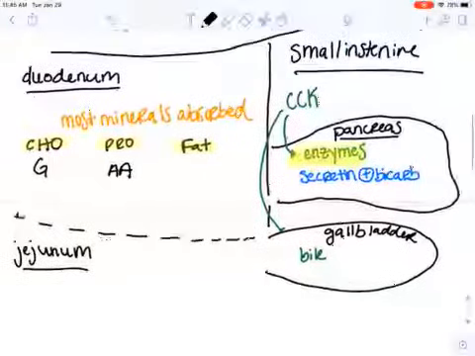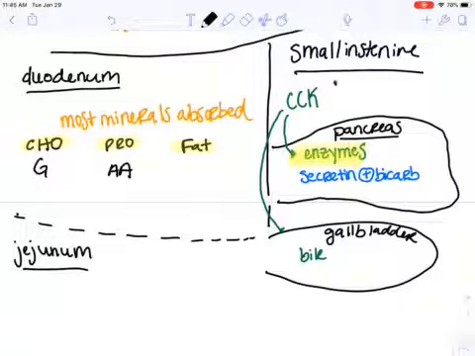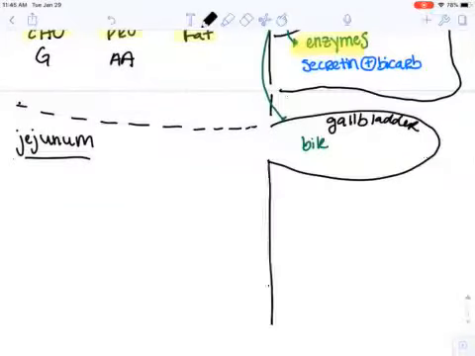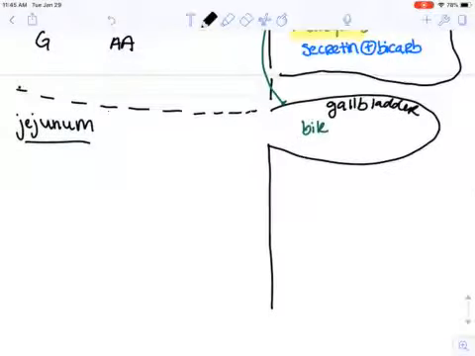I also want to mention, which I didn't, the mechanical digestion that's occurring is peristalsis. So this is going to be continuing to occur throughout both the small intestine and the large intestine. So once we're in the jejunum, now we're going to have glucose, we're going to have amino acids, we're going to have still some fat because bile is trying to still work and do its job, and we'll have some fatty acids.